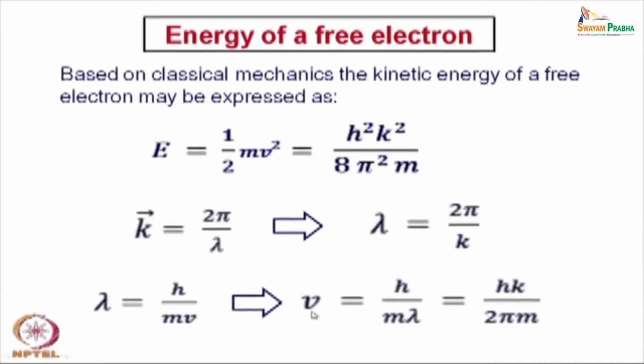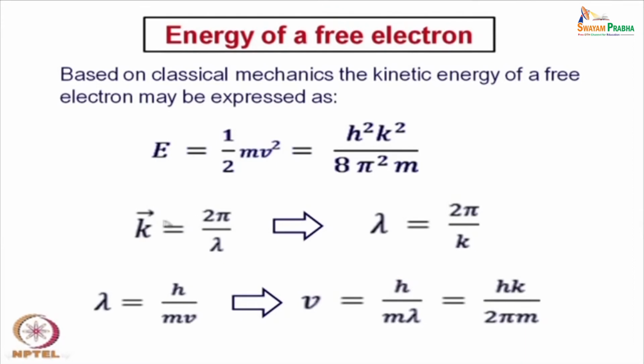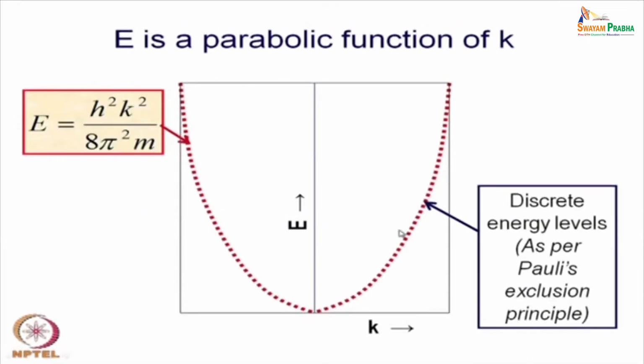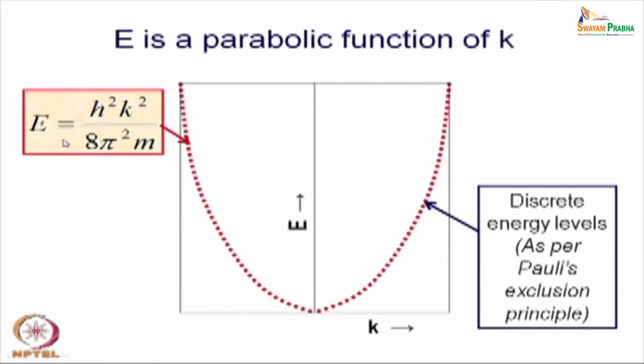So, we get the velocity, and the kinetic energy is like this. Ultimately, if you replace v, although this expression has already been given initially, this is how one gets it. The expression of the energy no longer has the velocity term; velocity has been replaced and we have a k term.